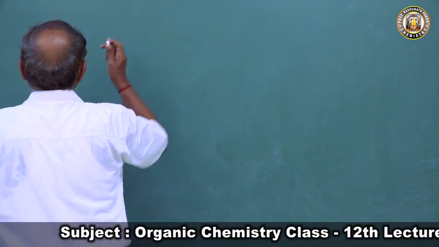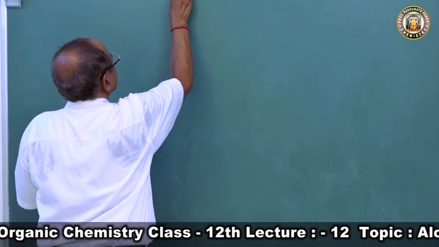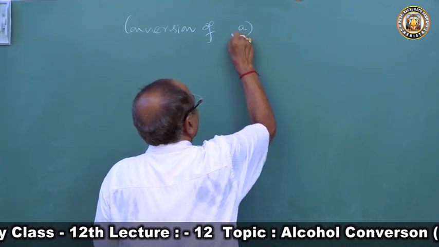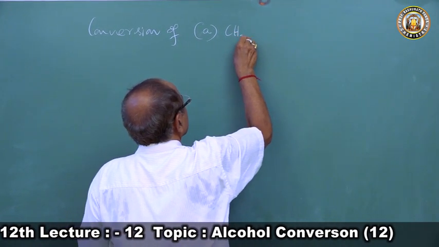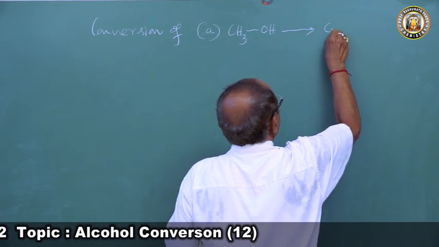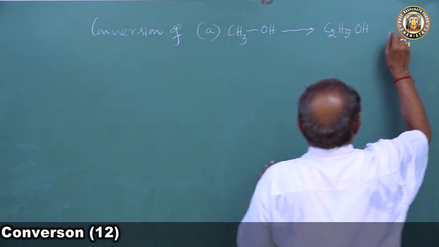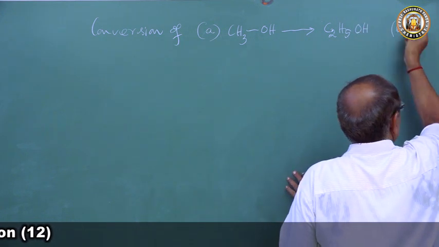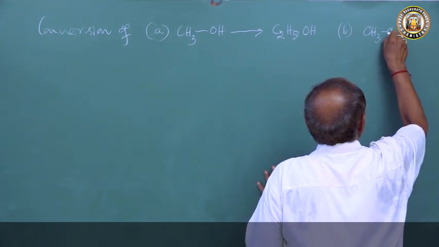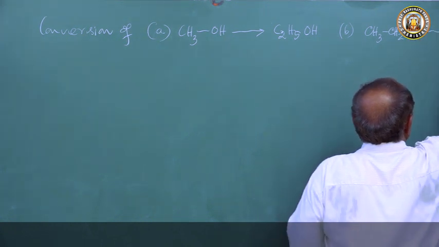Now let's come to the first conversion. First we will discuss methyl alcohol to ethyl alcohol, CH3OH to C2H5OH, and vice versa, ethyl alcohol to methyl alcohol.